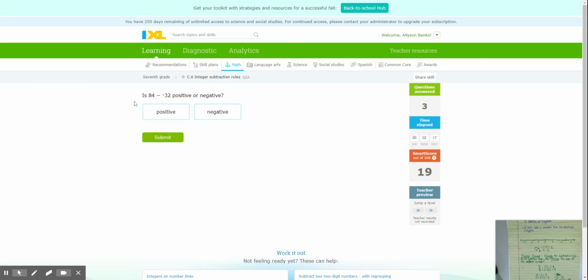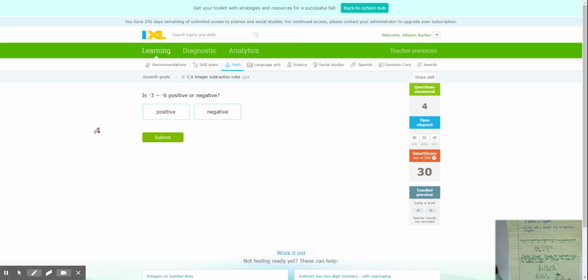Okay, let's look at this one. We have positive 84 minus negative 32. So when we add the opposite, we have positive 84 and a positive 32. If they're both positive, it should be a positive number. The next one, we have negative 3 take away negative 6.